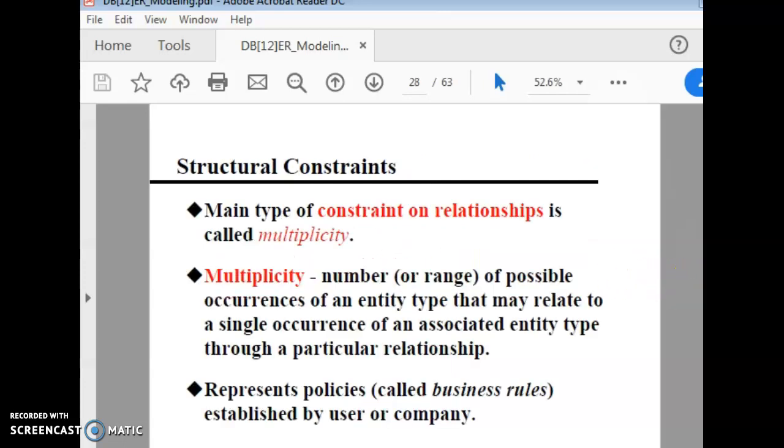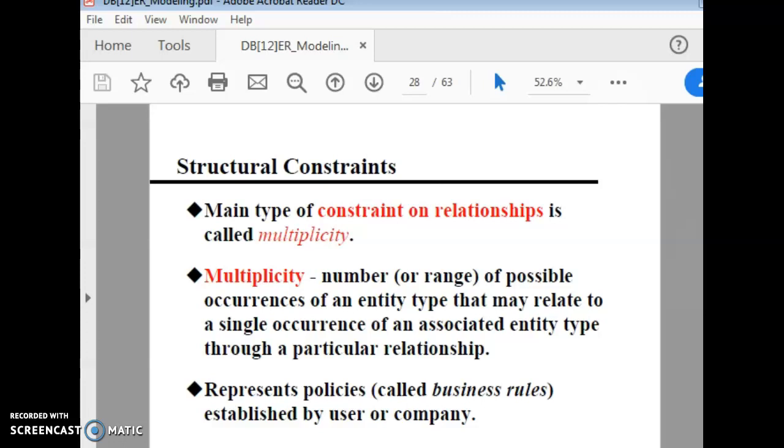Next, constraints, structural constraints. So we know what constraints are: restrictions. Constraints may be placed on entity types while participating in a relationship. This is told by multiplicity.